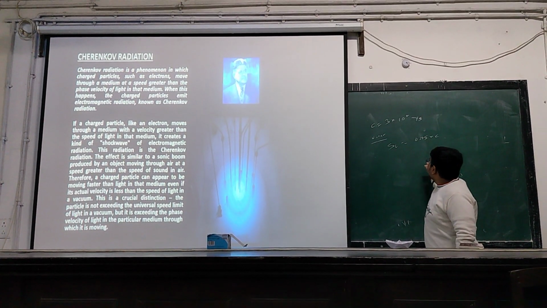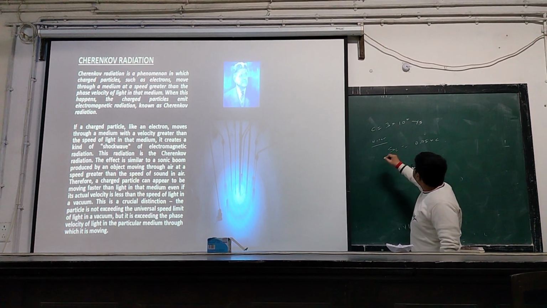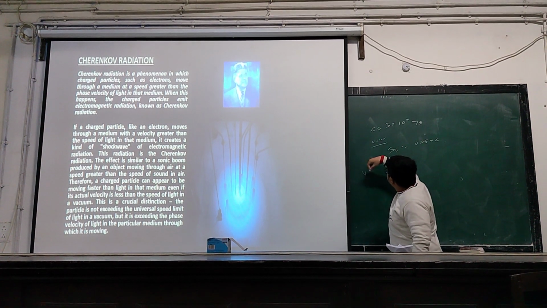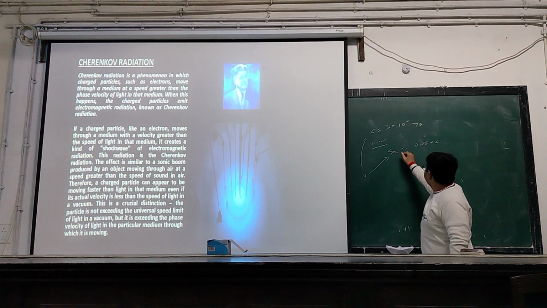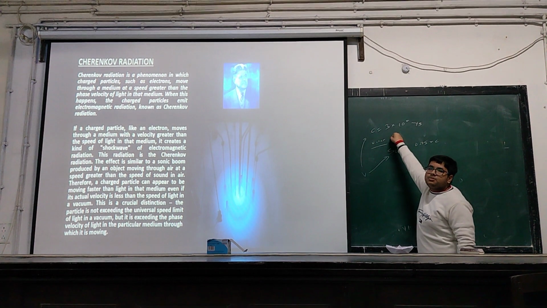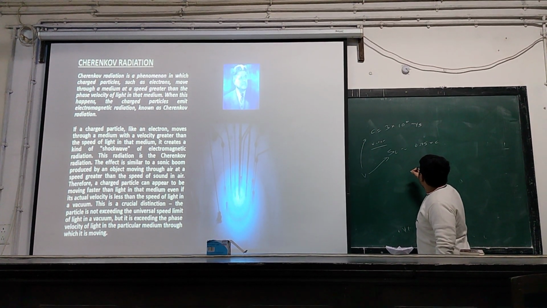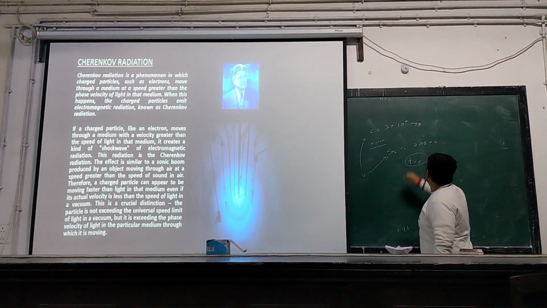So he said that although the velocity of a particle cannot exceed c, it can exceed the speed of light in water or a medium. By the way, the medium has to be transparent for this. Let's say there is a positively charged or negatively charged particle.